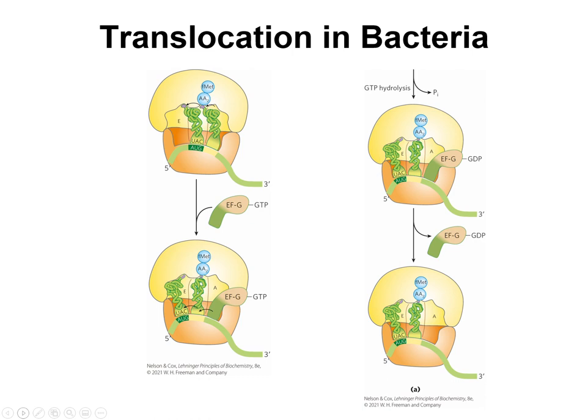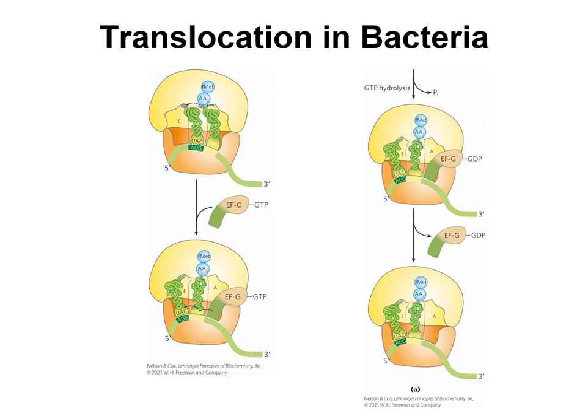So in bacteria, what happens is you have GTP hydrolysis of EFG. And EFG is actually in the A site. So after we have that initial F-met that has the amino acid transferred to it, and then we do the translocation, EFG binds to that A site with a GTP bound.